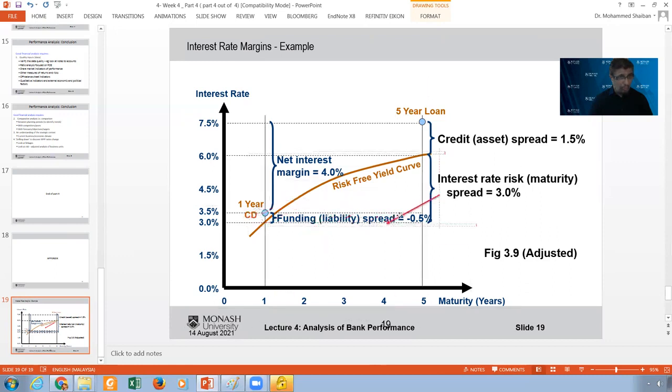It is actually the spread of funding, the spread of borrowing in this case. So what I want to say here is that there are two spreads, one for maturity and one for credit risk. And this spread increases over the years. Which one? The maturity, but the credit risk stays the same.